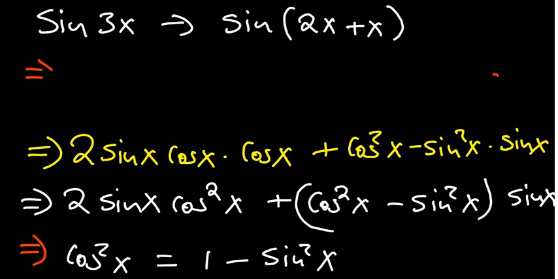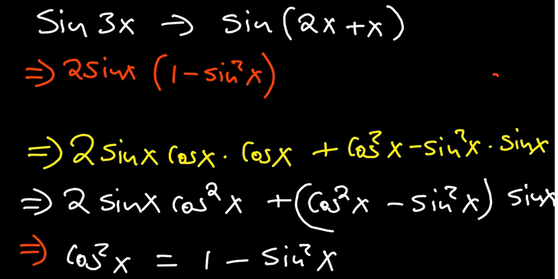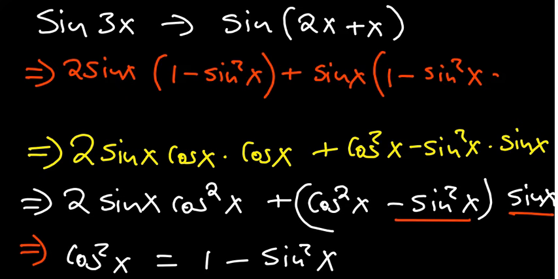We have 2 sine of x, and where there is cos squared of x, I'm now putting 1 minus sine squared of x. And then the other side, there's a sine x there. So in the brackets we have cos squared of x, I'll plug in 1 minus sine squared of x. Now there's also minus sine squared of x there.